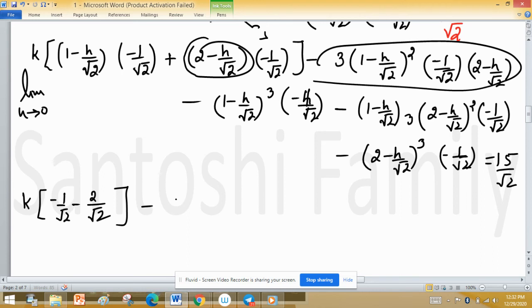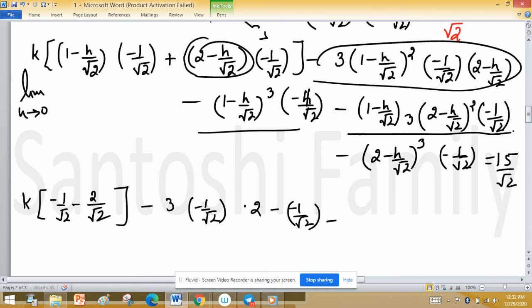It will be minus of 3, minus 1 upon root 2 into 2, minus, using the limit concept here, 1 upon root 2, minus, in this one, 3 into 4 into minus 1 upon root 2, minus of 2 cube into 1 upon minus 1 upon root 2, equal to 15 upon root 2.